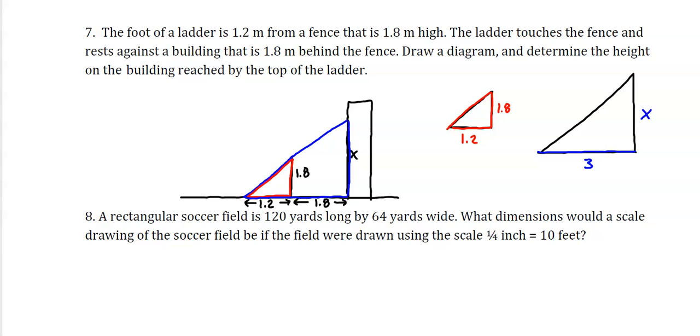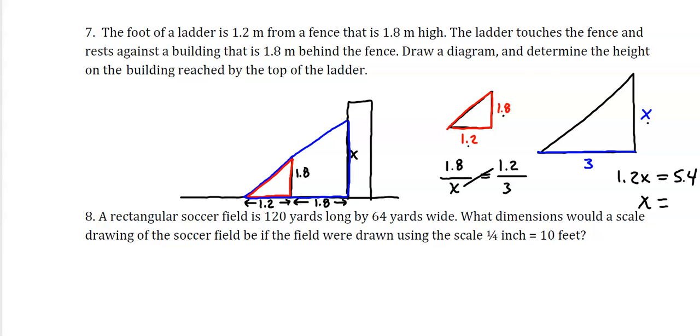And so now we could set up a nice little proportion. We could say side to side, and then bottom to bottom. Little cross multiply action. You get 1.2x equals 5.4.